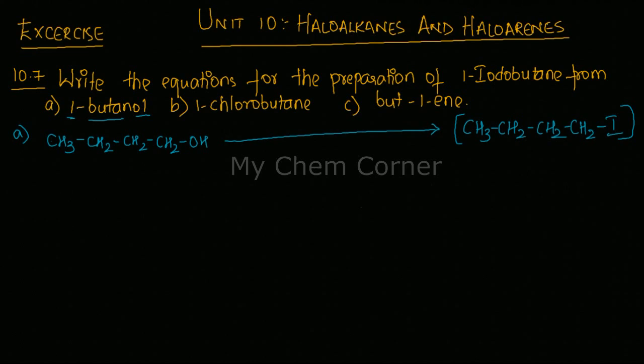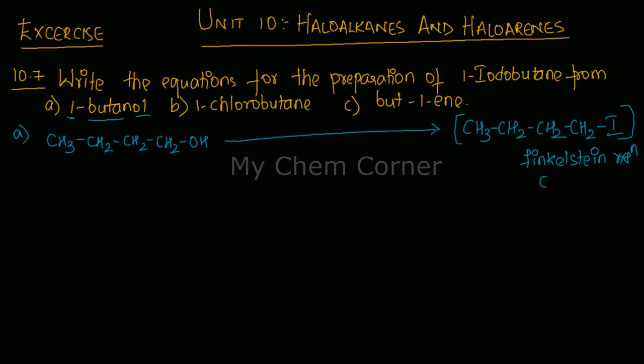For this you need to check what reactions you have. One thing that you've learned is to form an iodine atom on a compound over here. There's only one reaction that you've learned, and which is a name reaction, the Finkelstein reaction. That is the only reaction where it is a halogen exchange method.